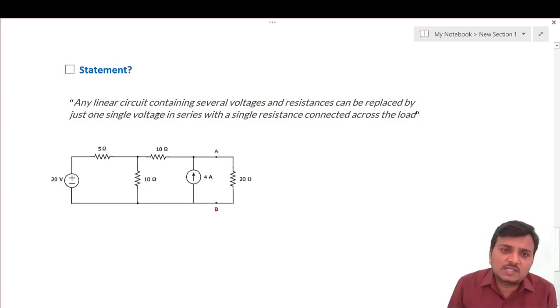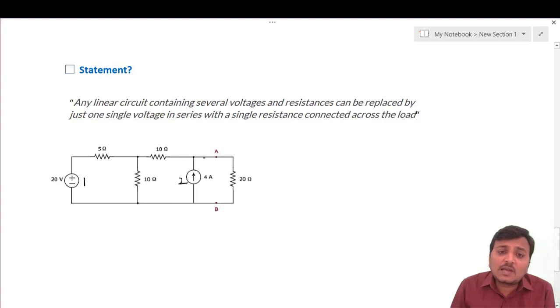What is the understanding of this statement? Let's see. This is the complex linear circuit, having several sources, source 1 and source 2, and different resistances connected in series and parallel combinations.